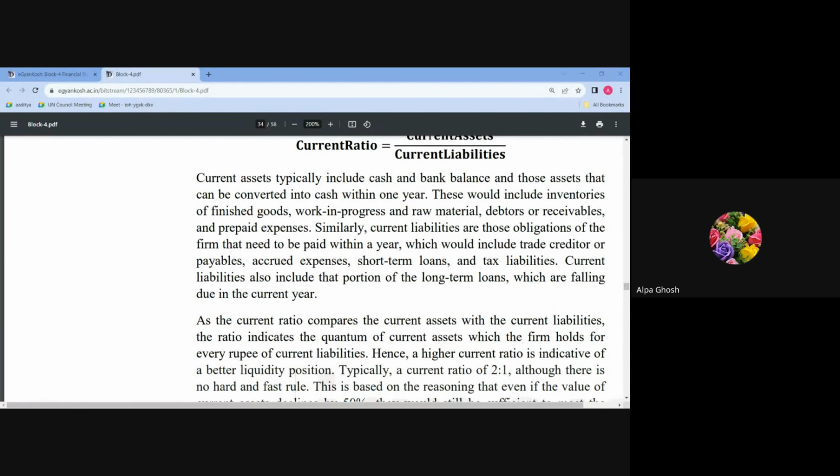What is actually realizable when you need cash? It is your short-term investment, it is your bank, it is your cash. So other than these three, you don't have anything which can give you ready cash. So we always say that the composition of current assets has to be more compared to the current liabilities. And your current ratio establishes a relationship between the composition to know the proportion of current assets in the business compared to your current liabilities.